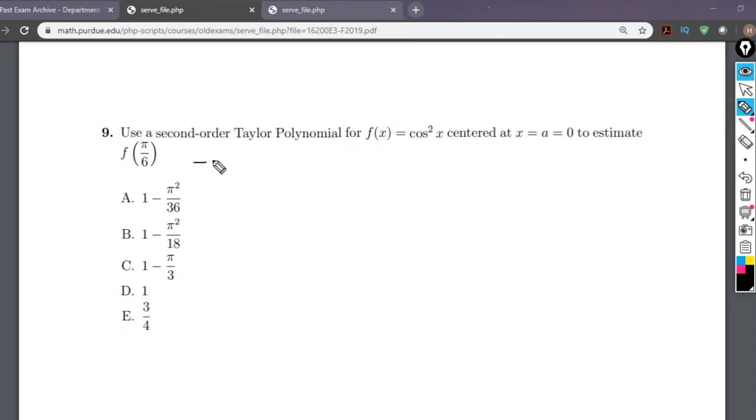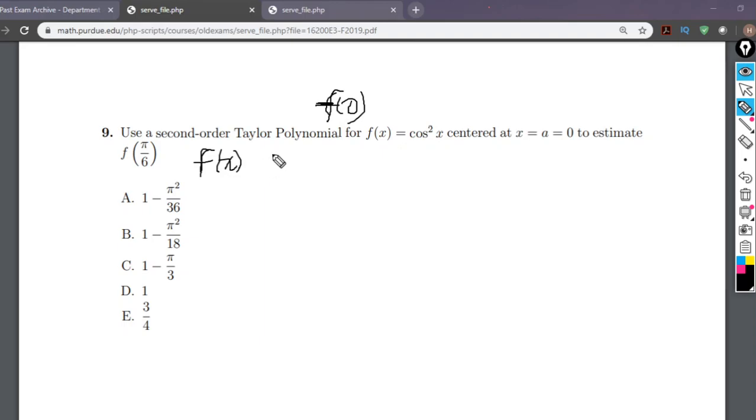First of all, we have the original function, and this column will be what the function is at 0.